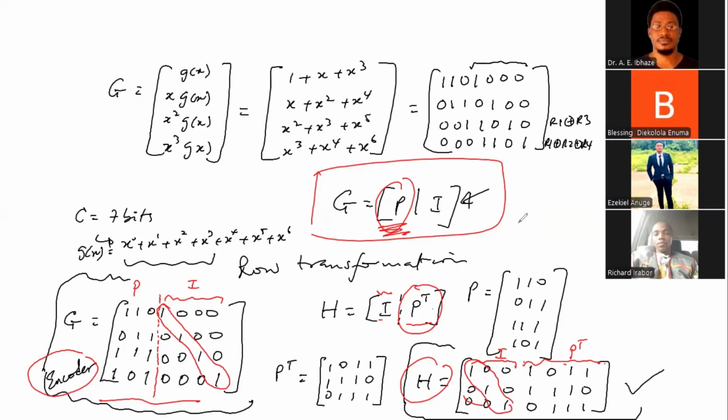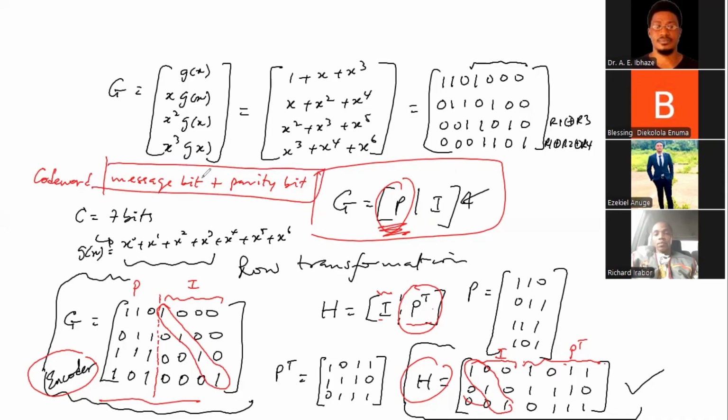Since we know this, now for us to be able to develop the parity bits, because now the code word is going to be my message bit plus my parity bit, right? This is what gives my code word.